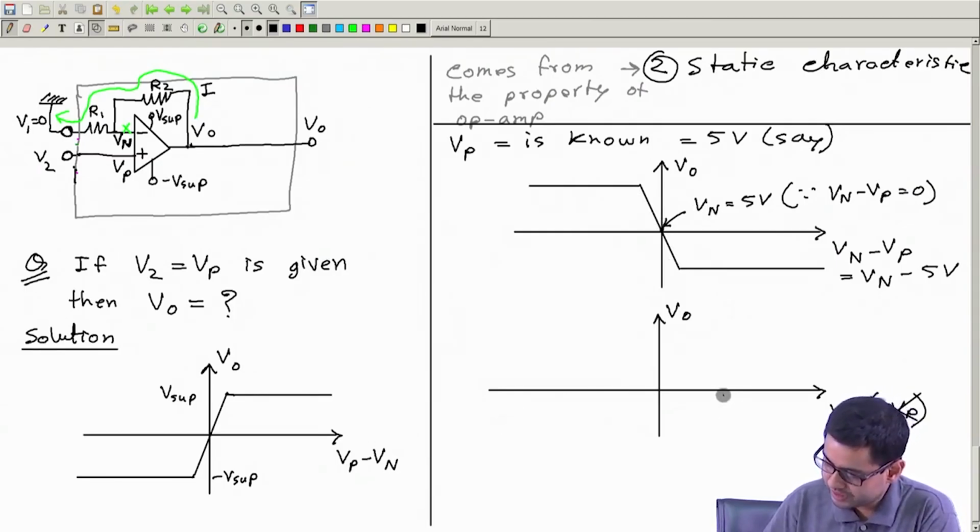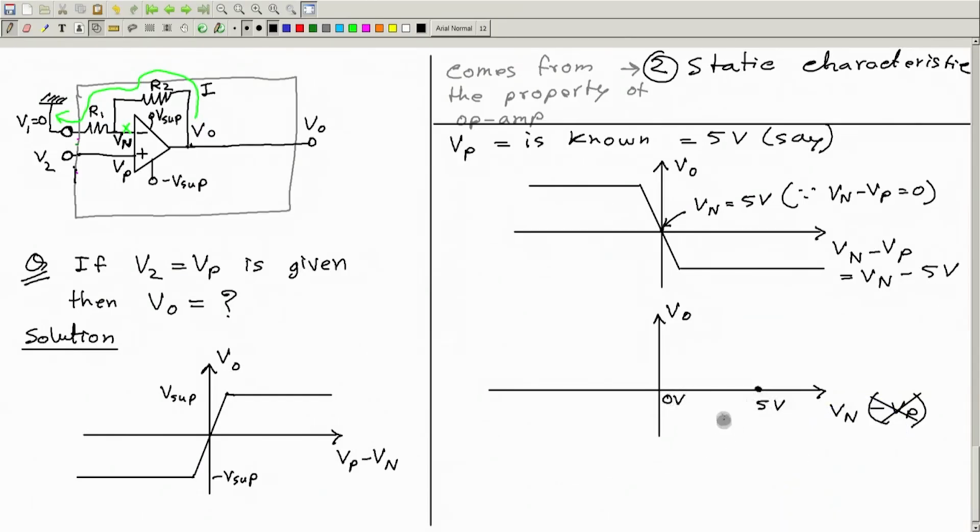So therefore in this curve, if I have 5 volt here somewhere, this is 0 volt, this is 5 volt, then this curve will shift like this. Okay, so now this is the curve for Vn versus output.